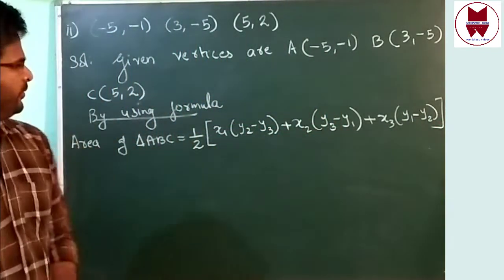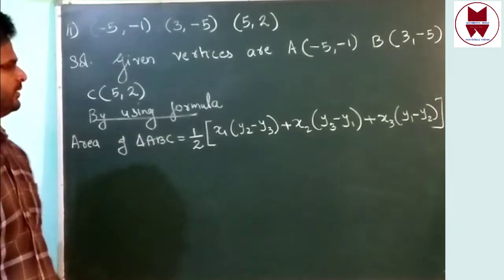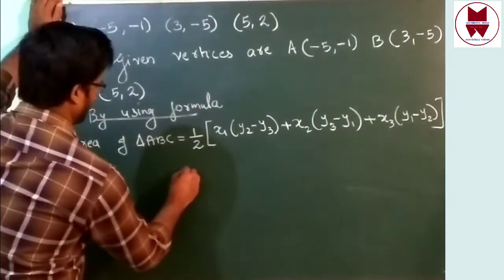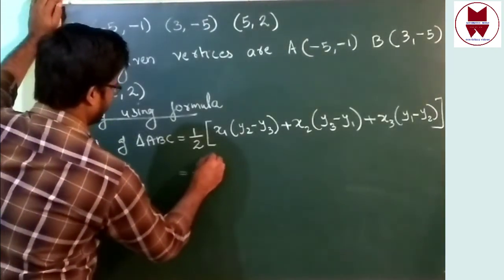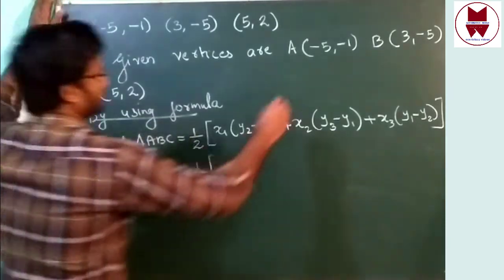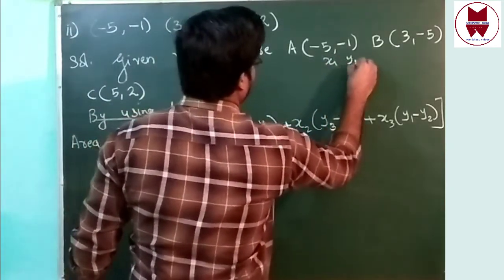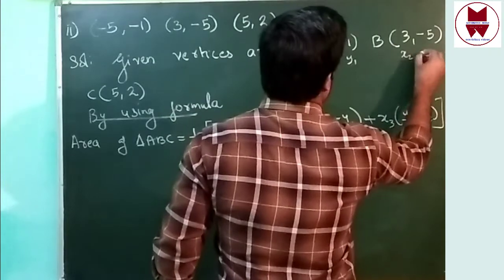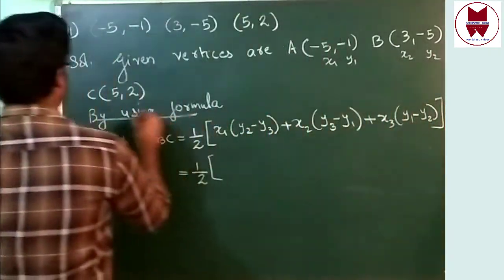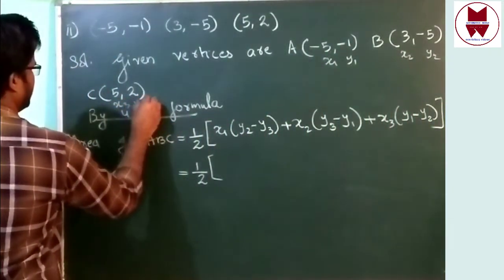This is the formula for the area of a triangle. Equal to 1 by 2. What is x1? This is x1, y1, the second point is x2, y2, then the third point is x3, y3.